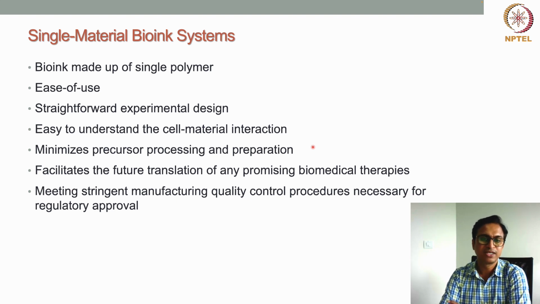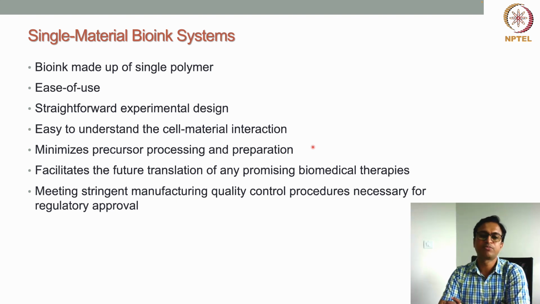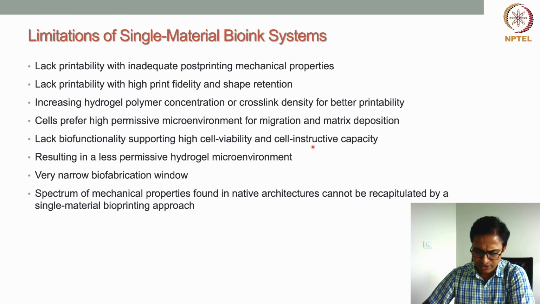But with a single material, that is not there, and that's why a single material bioink system is easy to use, straightforward, easy for studying cell material interaction, and it also facilitates future translation and meeting stringent manufacturing quality control procedures. But with a single material bioink system, there are some limitations.